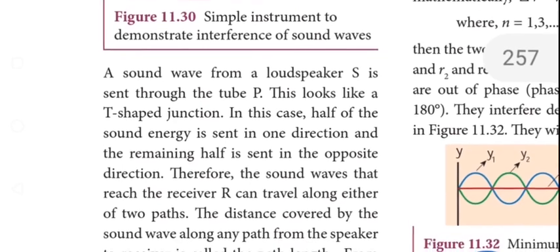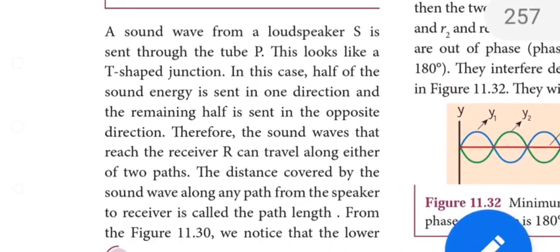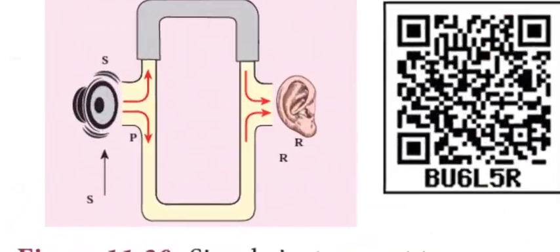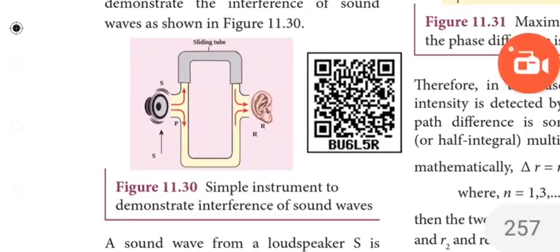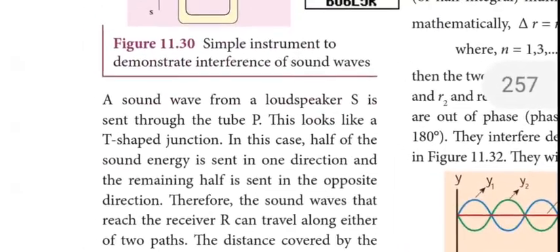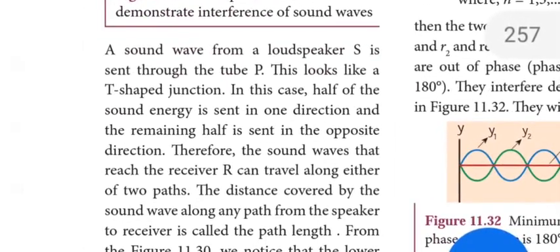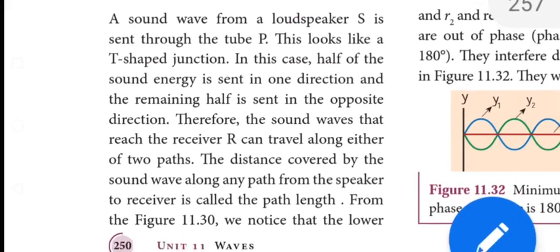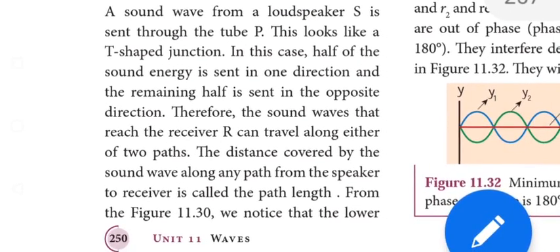Half of the sound energy is sent in one direction and the remaining half in the opposite direction. The sound waves that reach the receiver can travel either of the two paths. The distance covered by the sound wave along any path from the speaker to the receiver is called the path length.